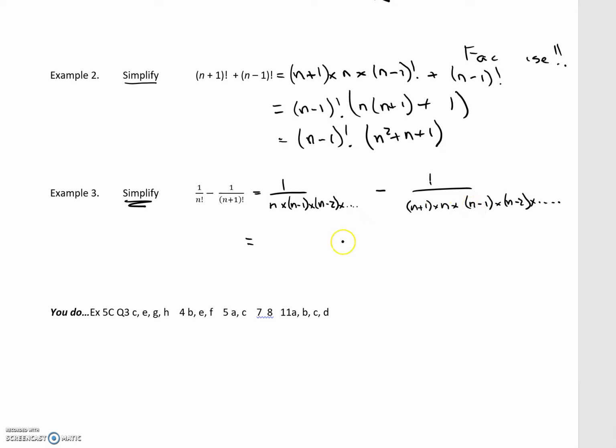So we know that the lowest common multiple of these two is the second one, which is n plus 1 factorial. So to get our n plus 1 introduced into here, we've got to multiply by n plus 1 over n plus 1. That now gives me the appropriate numerator and the appropriate common denominator. Add them together, we'll have n plus 1 minus 1, and that simplifies to n over n plus 1.